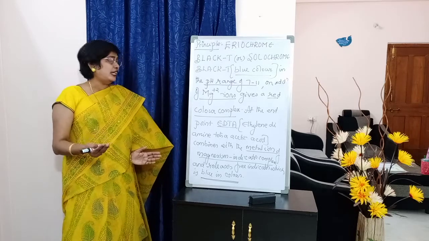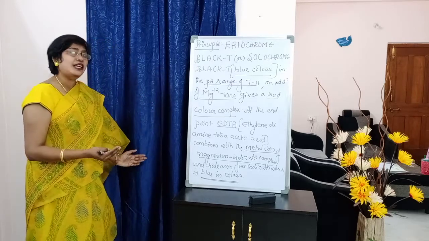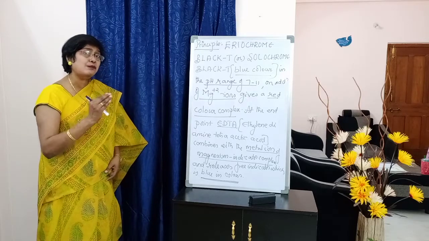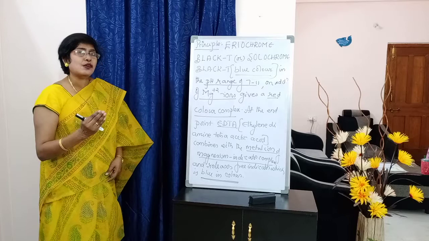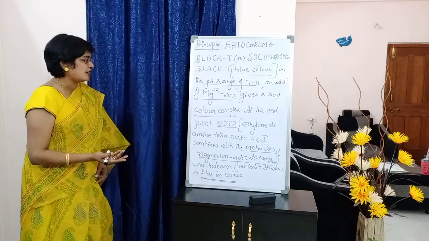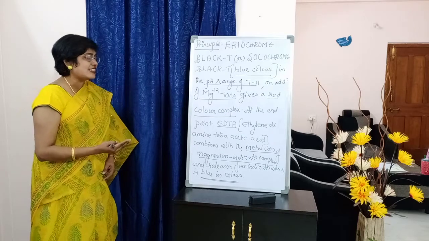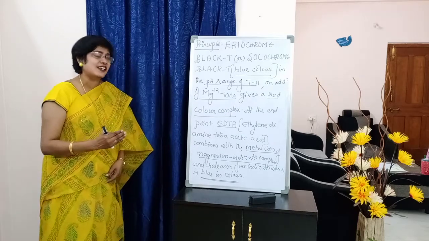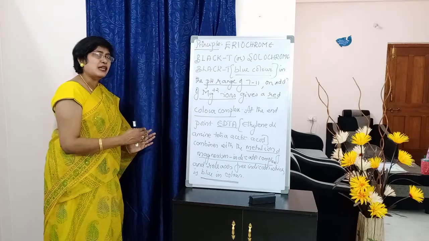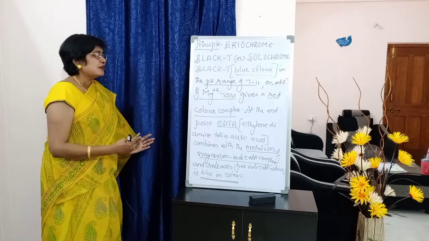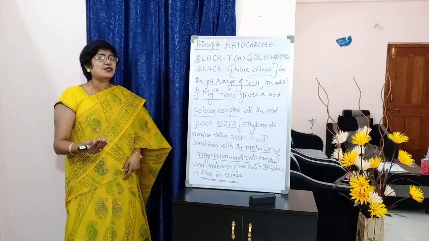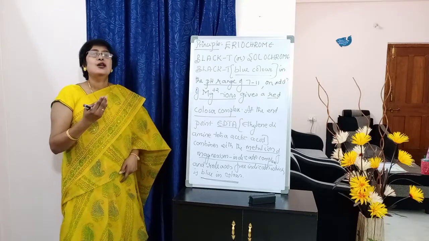Now EDTA, what is it doing? It is reacting with the metal ion of Mg indicator complex. What is the metal ion here? Magnesium, right? So magnesium indicator complex and releases free indicator. So once the EDTA combines with the metal ion, that means metal EDTA complex will be formed and the indicator will be coming out. So what is the color of indicator, students? In the beginning we have seen blue color.